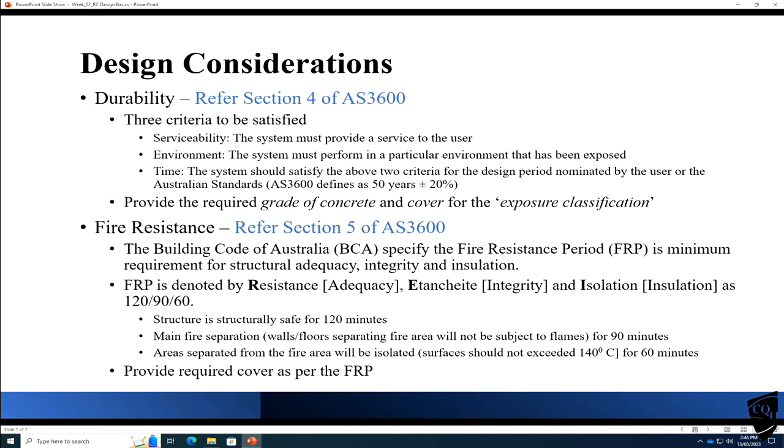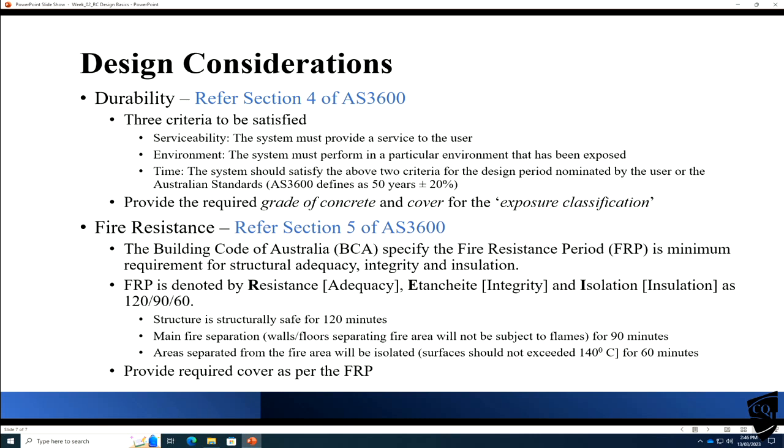Here 60 means 60 minutes at least. For 60 minutes, the adjacent area should not reach a temperature of more than 140 degrees due to the fire. That means your area should be insulated using proper concrete so that the heat will not go to the adjacent area.